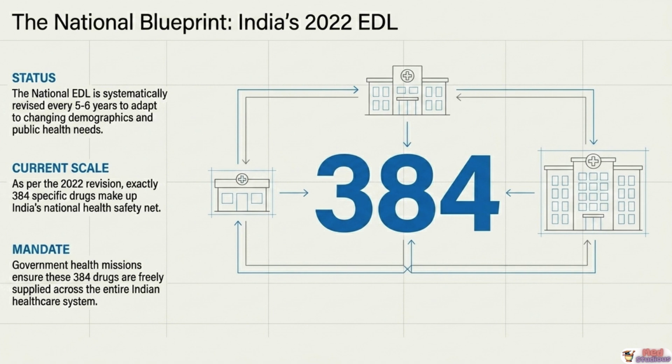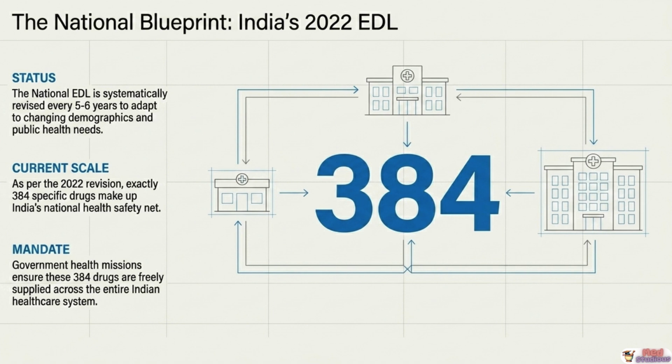The national EDL is systematically revised every 5 to 6 years to ensure it adapts to changing disease demographics, emerging public health priorities, and the arrival of newer, more effective therapeutic agents. The government's mandate is legally binding through various national health missions.